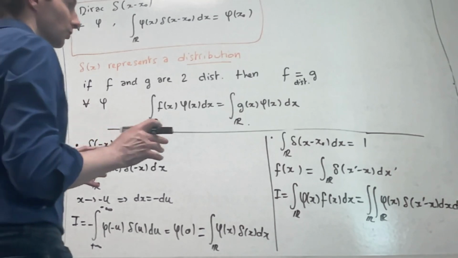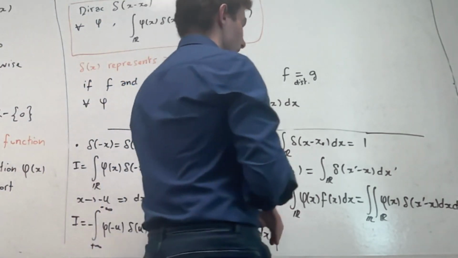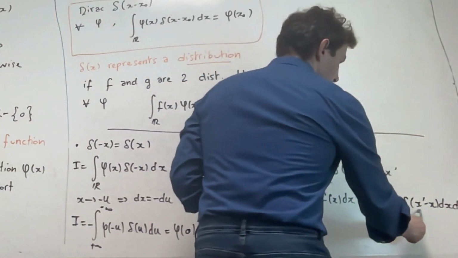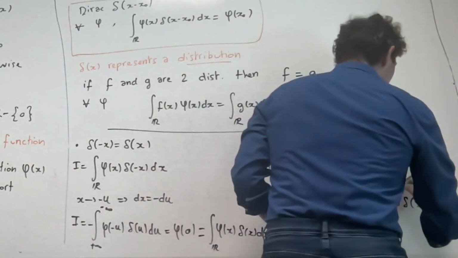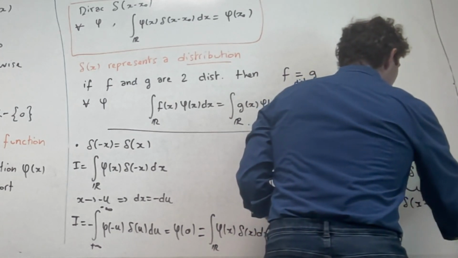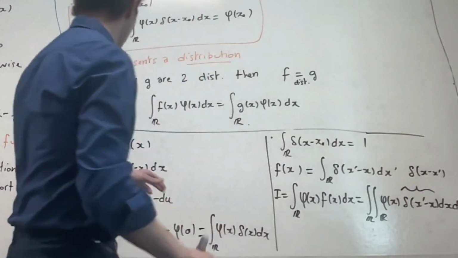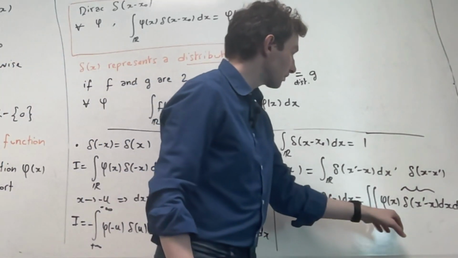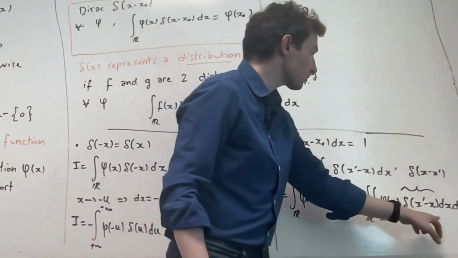So the only thing I want to show here is basically that I simply need to say that this is equal to delta of x minus x prime because of the property we've shown earlier. And so then I need to integrate phi of x delta x minus x prime.